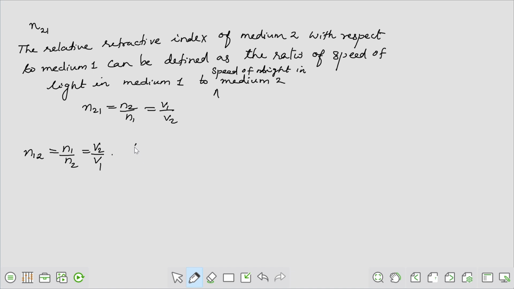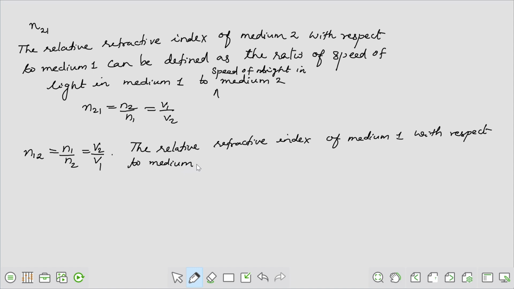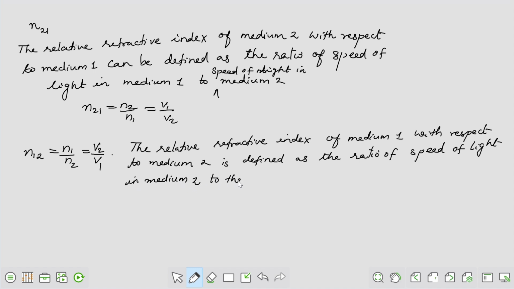So let's see the statement. The relative refractive index of medium 1 with respect to medium 2 is defined as the ratio of speed of light in medium 2 to the speed of light in medium 1.